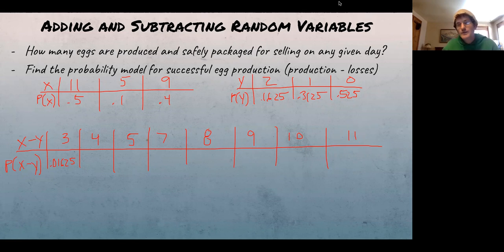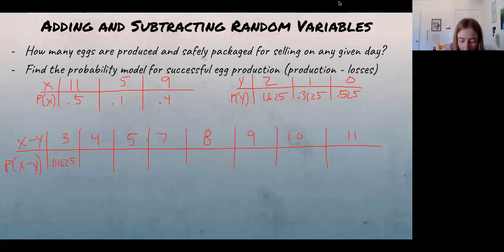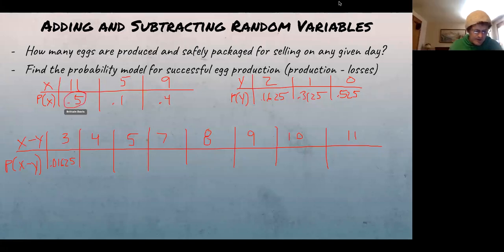What do we do to find the probability of getting 11 eggs? 0.5 times 0.525. There you go. Probability of producing 11 and breaking 0. Multiply those together, and we get that.